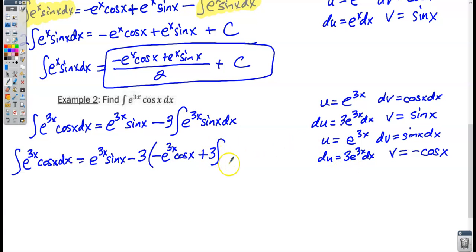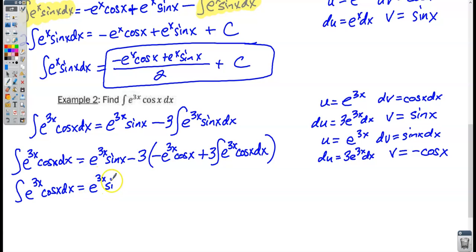I'm going to bring the constant out in front as well, and I'm left with e to the 3x cosine of x dx. All right, now I'm going to go ahead and distribute the negative 3 through the parentheses before I do anything else. So that gives me e to the 3x sine of x plus 3e to the 3x cosine of x minus 9 integral of e to the 3x cosine of x dx.